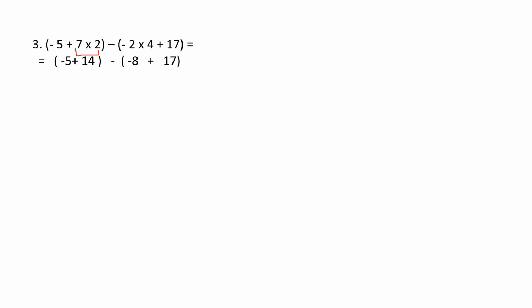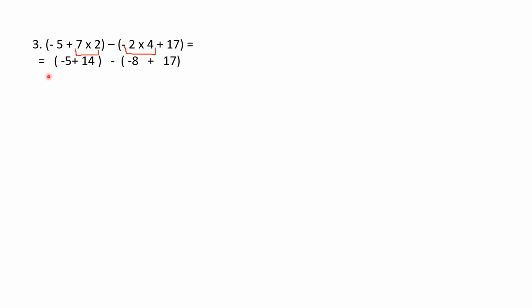So keep minus 5 in its place, and 7 times 2, it's 14. Looking at the second parenthesis, also I have multiplication, so I have to solve it before the addition. Minus 5 in its place, 7 times 2, it's 14, minus in its place, minus 2 times 4, it's minus 8, plus keep 17 in its place.